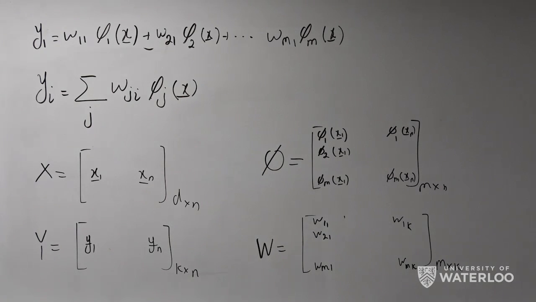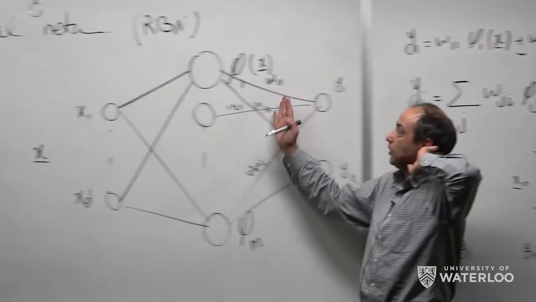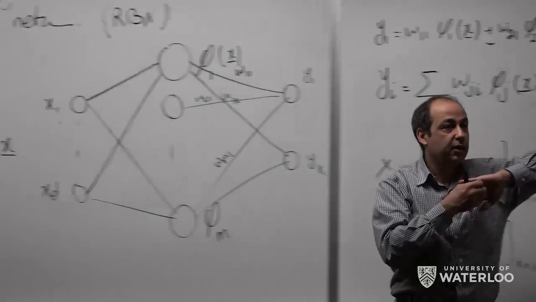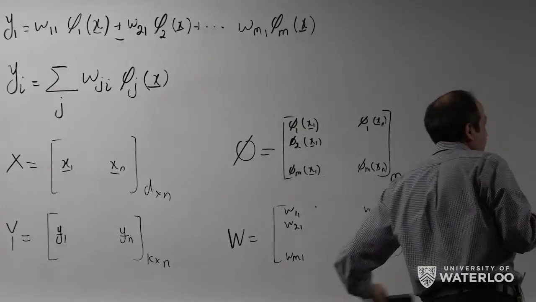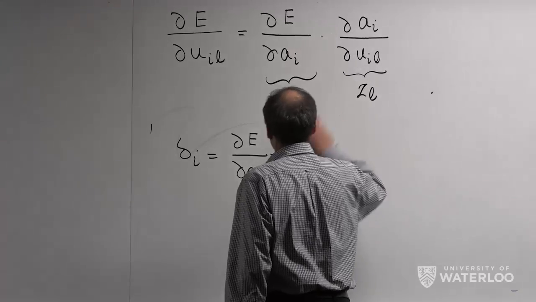Okay, and this is my W matrix, right? So what's happening here is that my output is a weighted sum of these phi's. I can simply write it as a matrix multiplication.